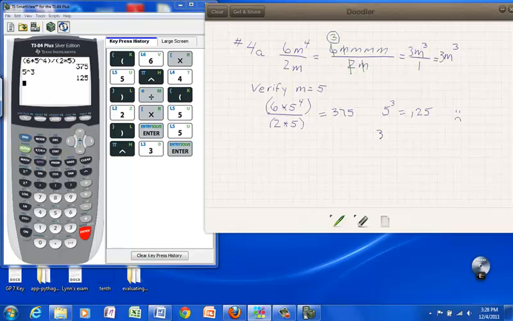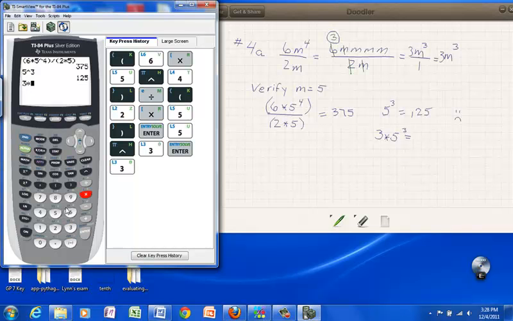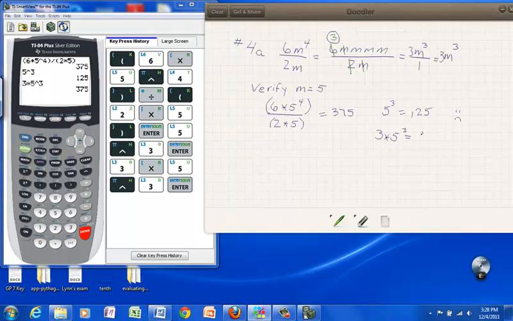So let's try now with 3 times 5 to the 3rd. $375. That's the answer we were hoping to get. These two answers now match, so I know that this answer is correct and checks.